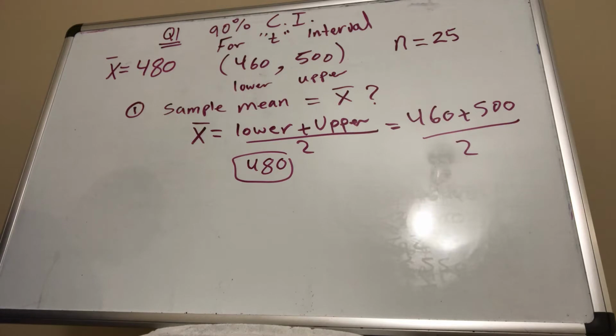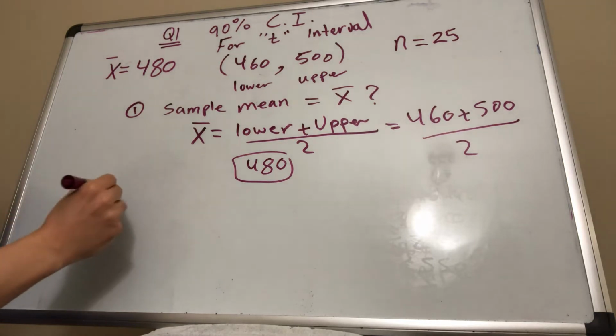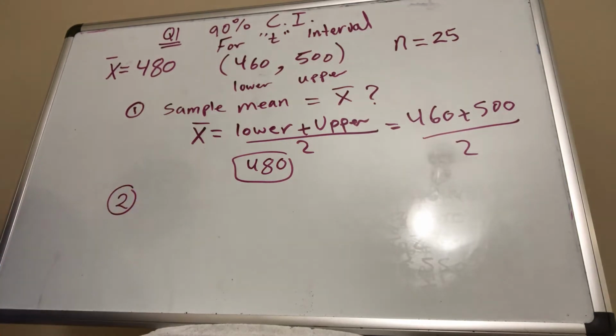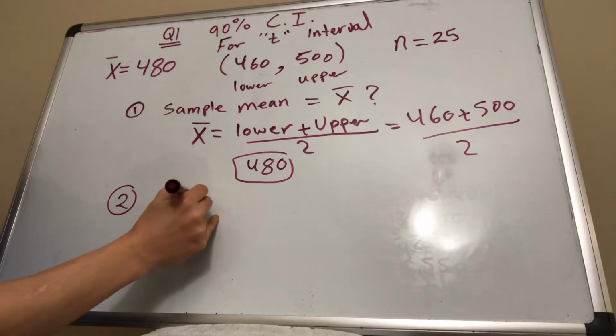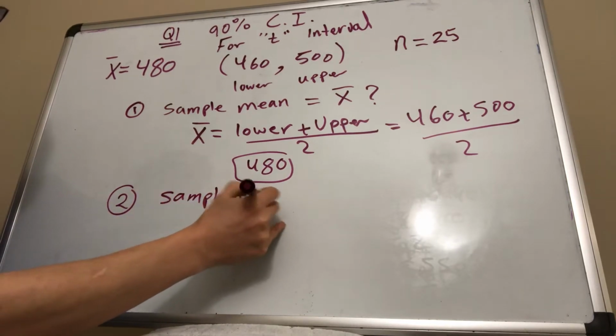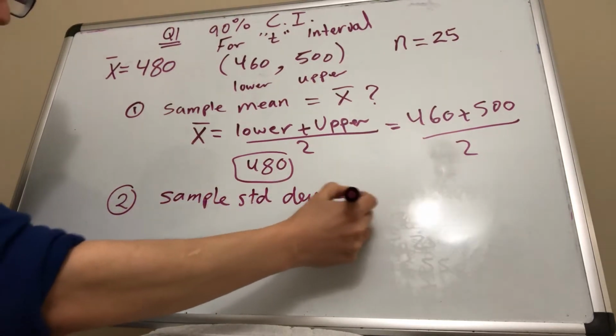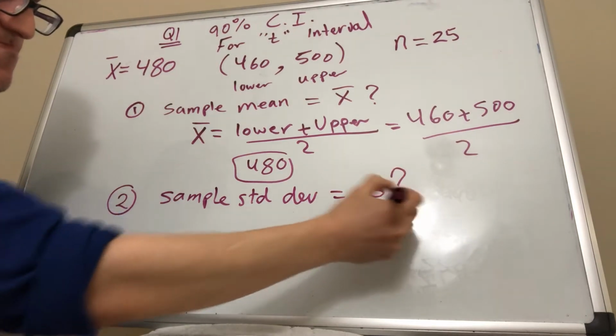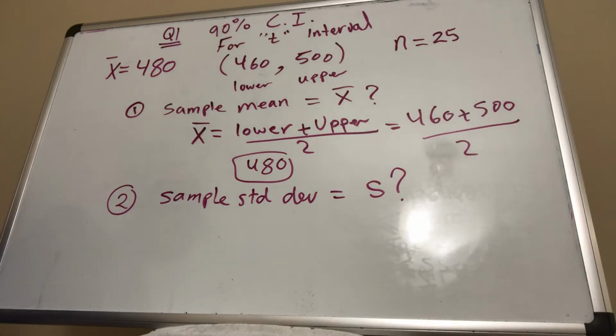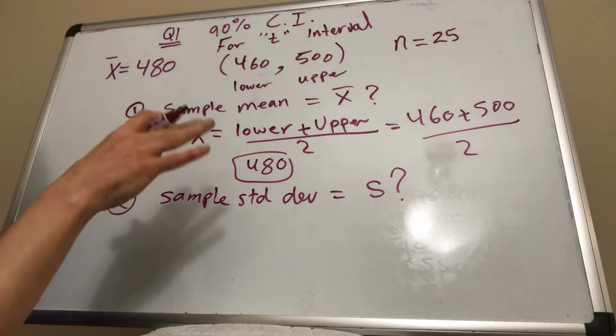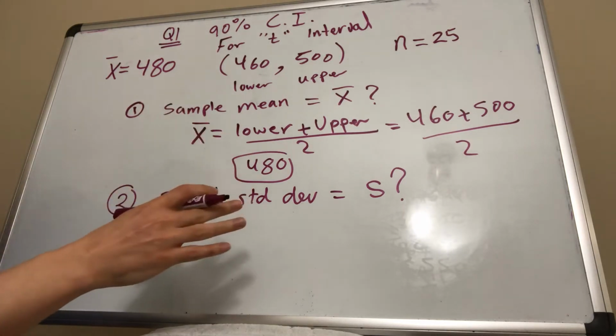Question 2, what's the value of the sample standard deviation? So they're looking for the sample standard deviation, and that would be S. When you look at S, you can work with the upper point or the lower point.